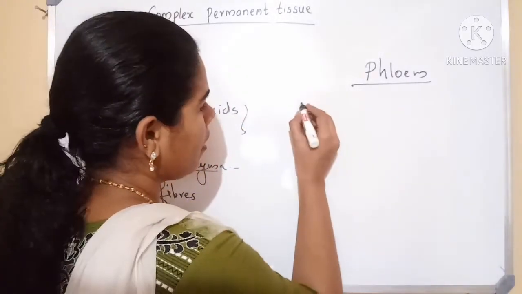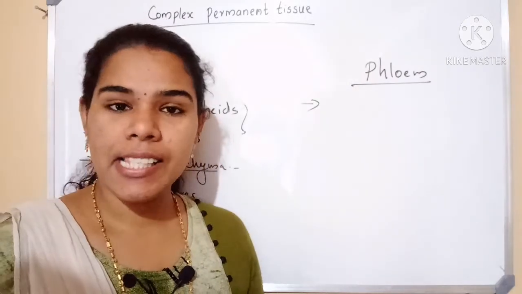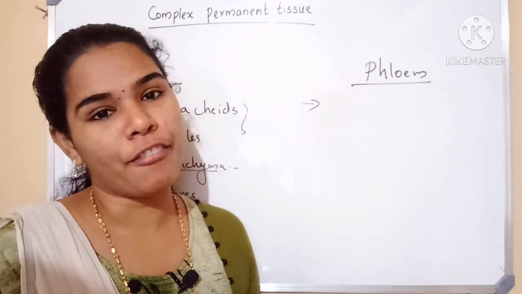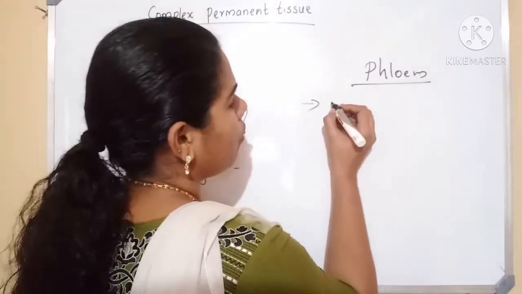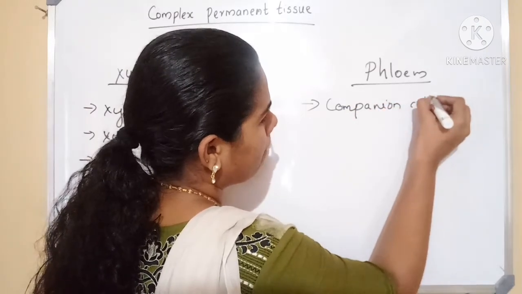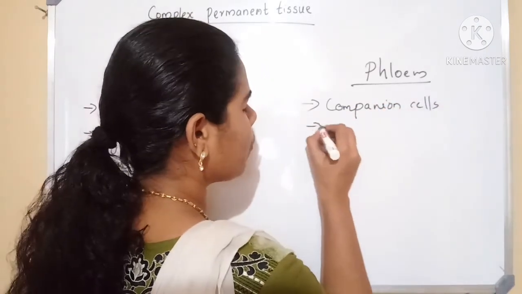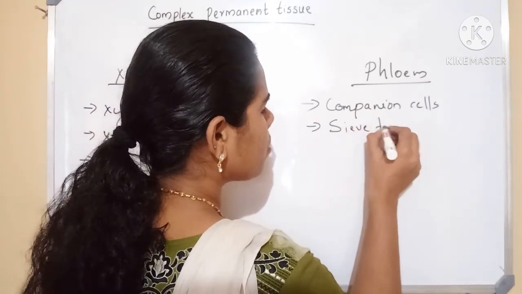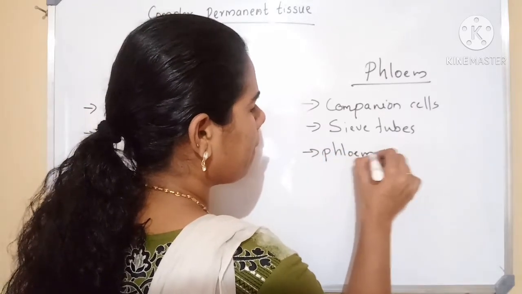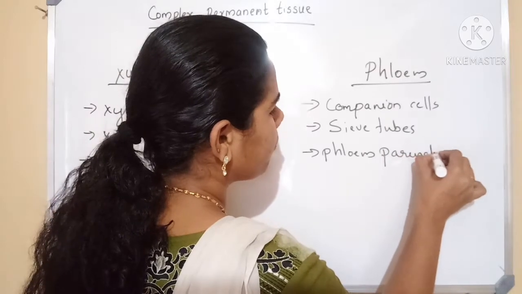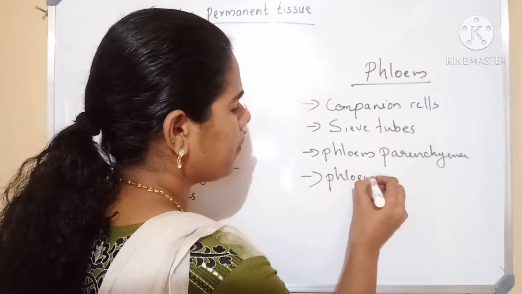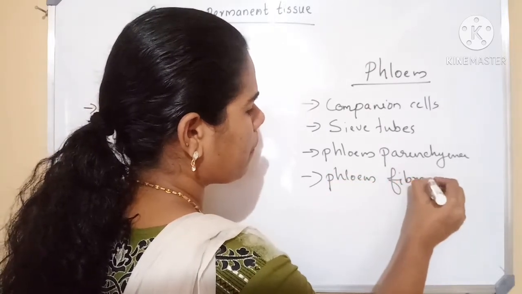The first one is companion cells, the second one is sieve tubes, the third one is phloem parenchyma, and the fourth one is phloem fibers.